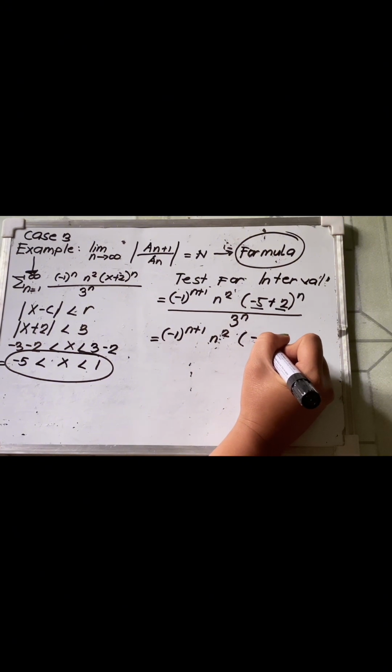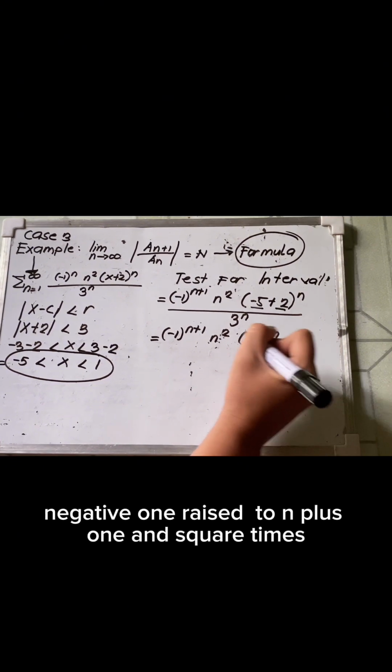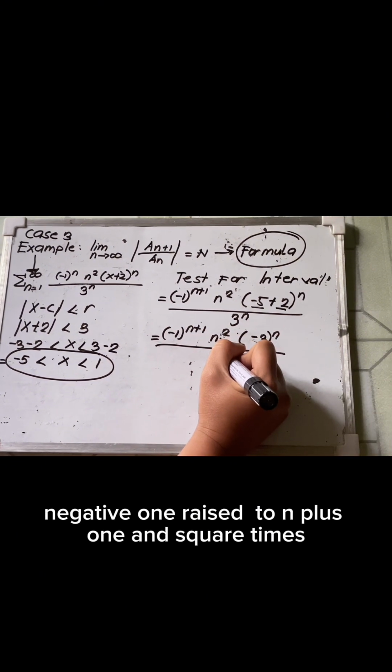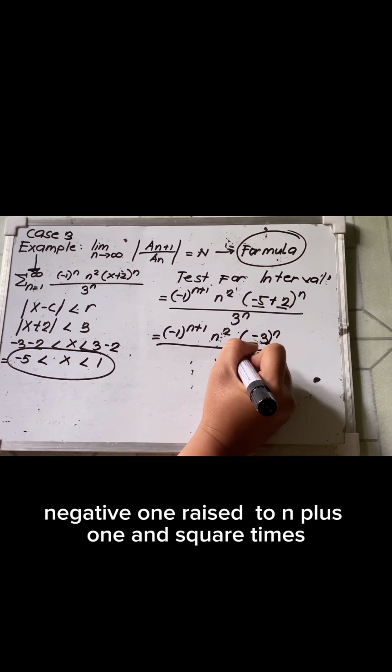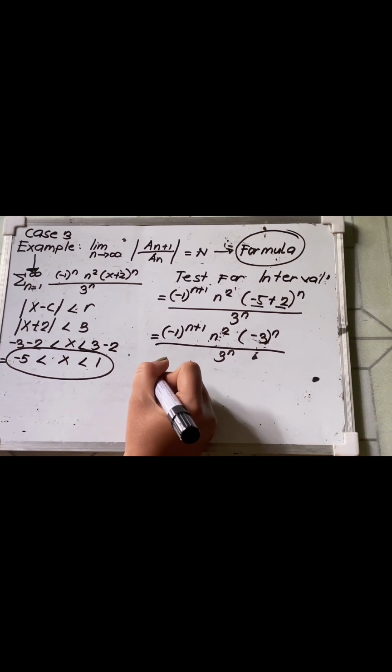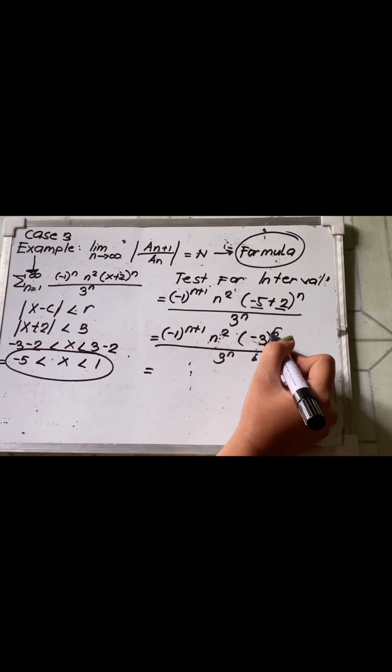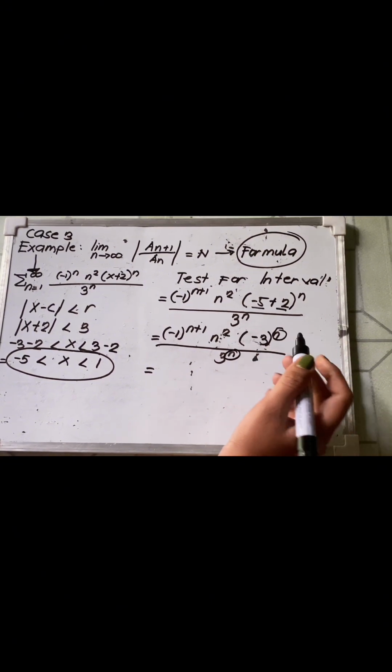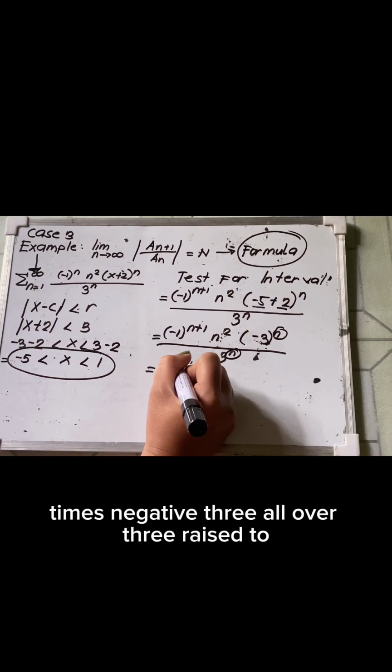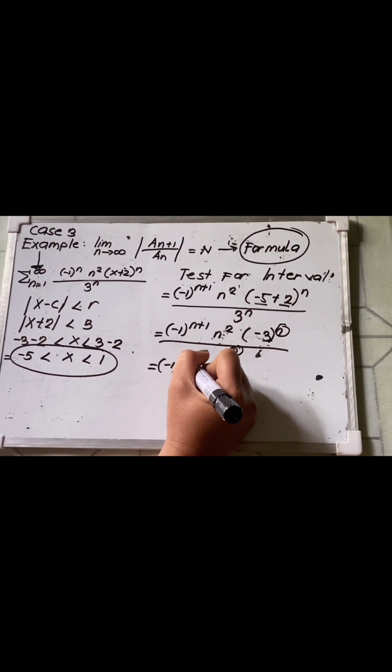So, we have negative 1 raised to n plus 1 times n squared times negative 3 all over 3 raised to n.